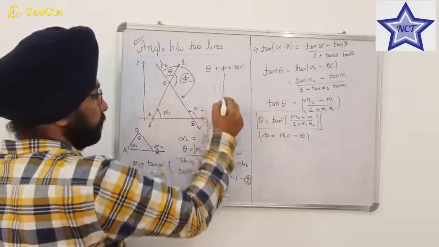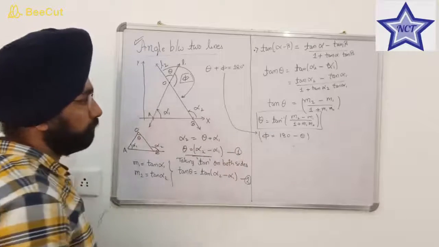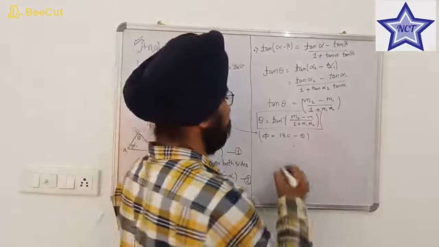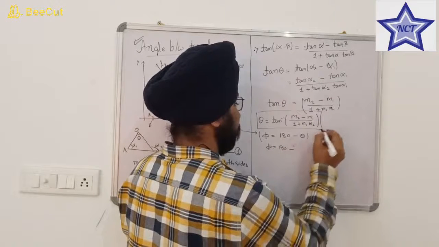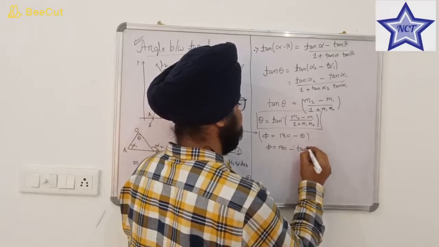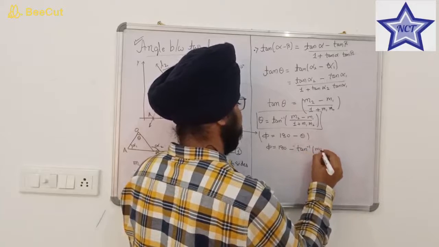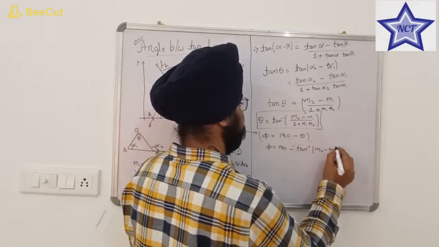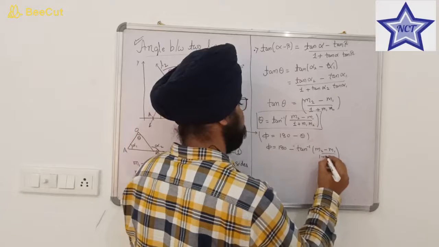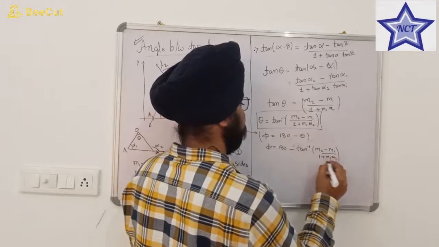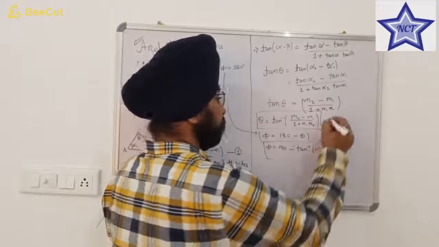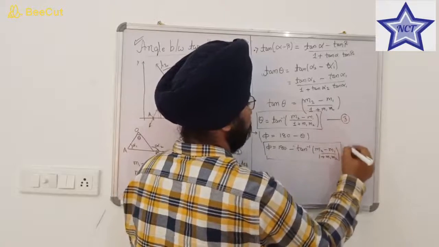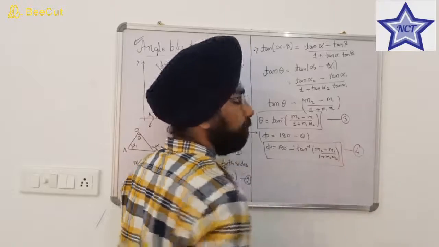So using this equation, I get phi is equal to 180 minus theta. So I can write phi is also equal to 180 minus tan inverse of m2 minus m1 upon 1 plus m1 m2. So angle between two lines gives me two results, one for theta and one for phi.